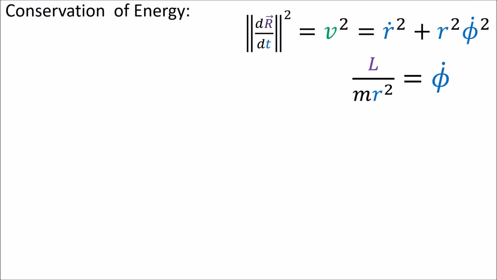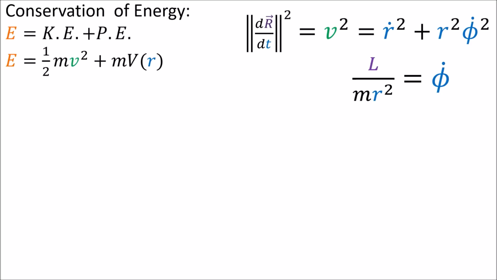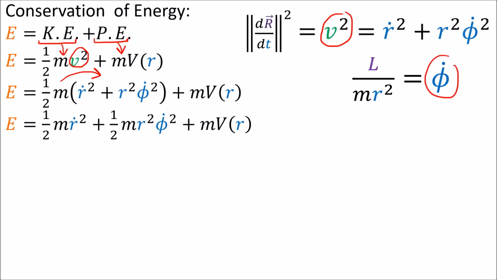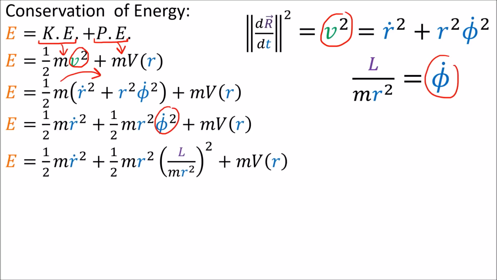We know the total energy of the orbiting planet is just its kinetic energy, 1/2 m v squared, plus the potential energy, which is mass times the gravitational potential function V of r. In previous videos, I wrote the potential as phi, but in this video, I'm going to write it as V. We can sub in our formula for velocity squared, then distribute 1/2 m, then sub in our formula for phi dot, then do some canceling.